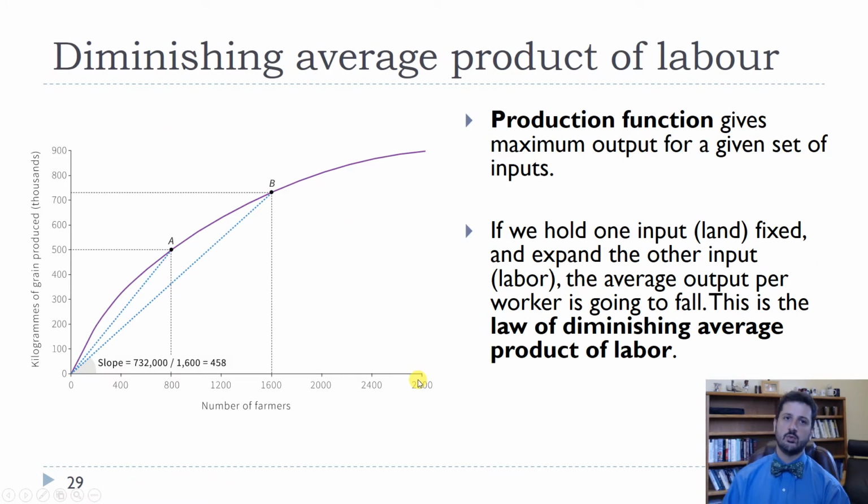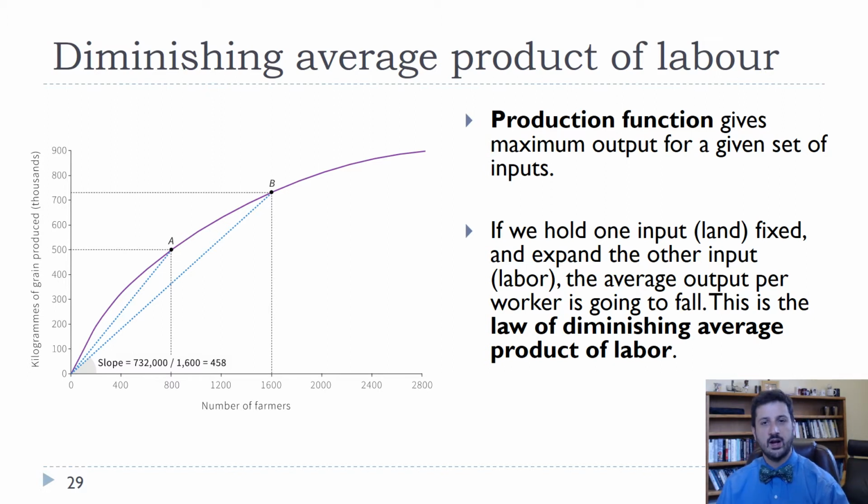One of the reasons for that could be the diminishing average product of labor, right? It could be that too many farmers just aren't that helpful. It could be that the land that they're farming becomes less and less productive. The first farmers take the most productive land, and then farmers after that have to take less productive land.